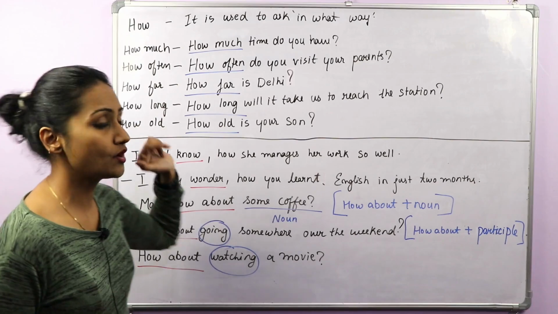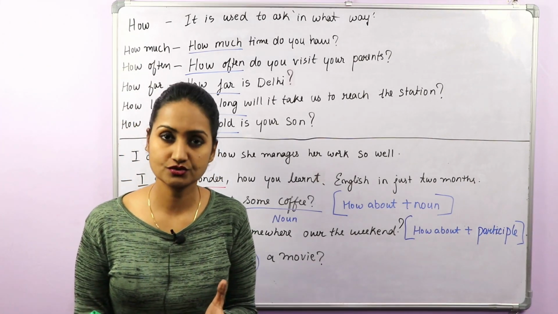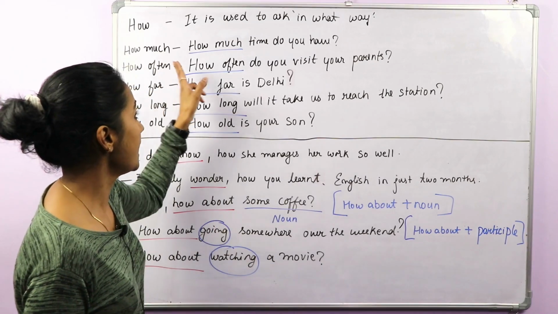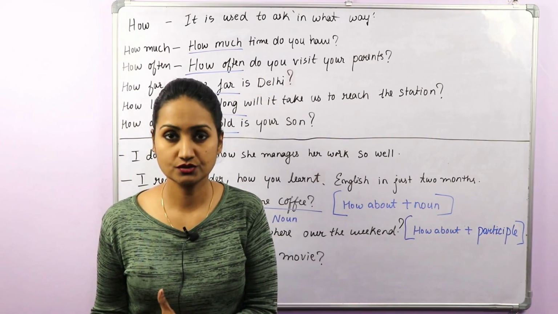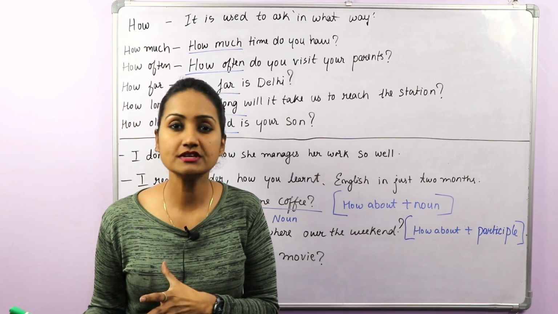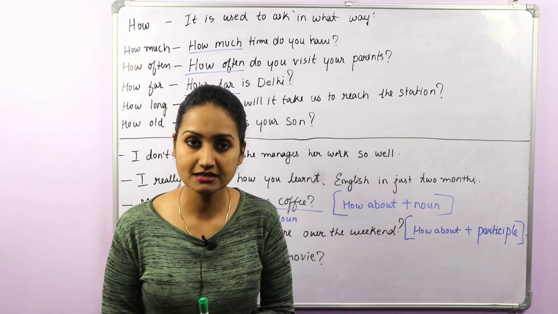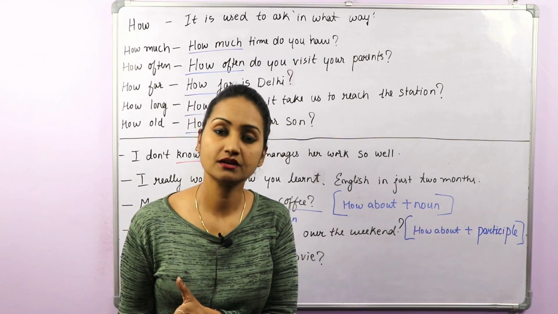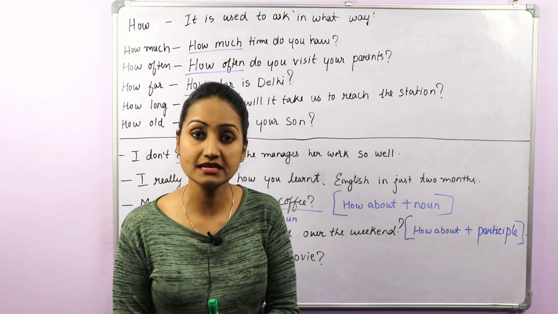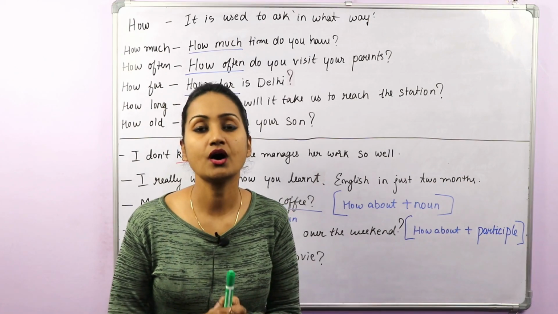How much and how many we use when we talk about quantity or amount. Okay, for example, how much time do you have? Okay, how much sugar do you want? How many movies have you watched? So the difference between how many and how much is this, that when you can count something, then you use how many, and when there are uncountable nouns, you will use how much.